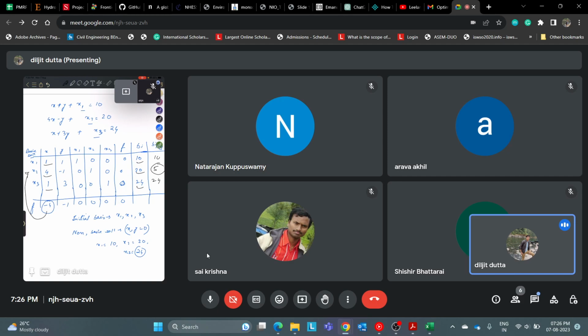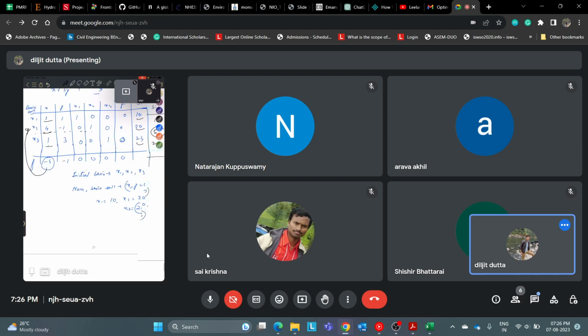As x is going into the place of x2, the coefficient of x in the second row should be 1, and the coefficient of x in the other two rows should be 0. So we have to do the row operations in that way.